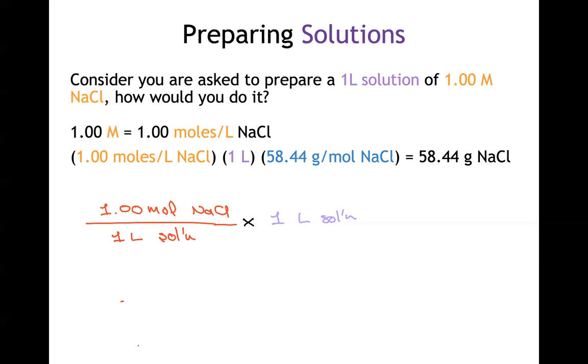So how can we convert the moles of sodium chloride into grams, right? Molecular weight.